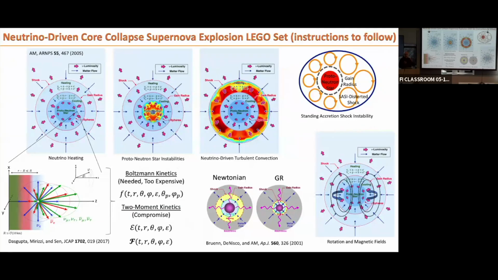As you all know, a shock wave will move according to the conditions in front of it and behind it. It's a discontinuity in the flow. And for it to be a dynamical shock, you have to have sufficient energy, pressure, et cetera, behind it. And as a result, when it becomes a dynamical shock, it becomes strong enough to reverse the infall ahead of it, to generate the explosion.